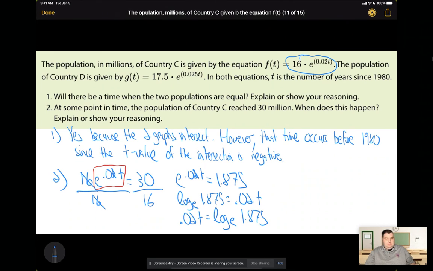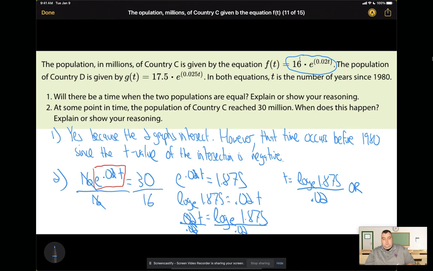All right, and then I will simply finish that off by dividing both sides by 0.02. So t is going to be equal to log base e of 1.875 over 0.02.